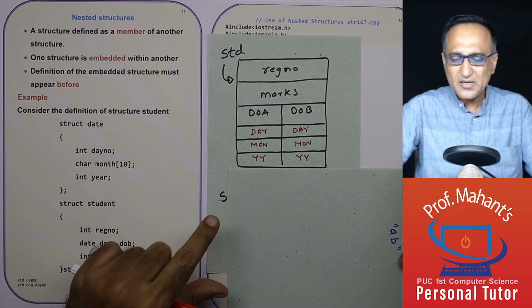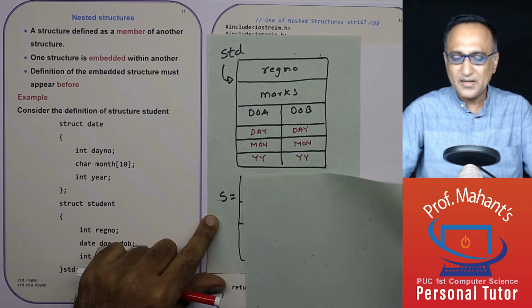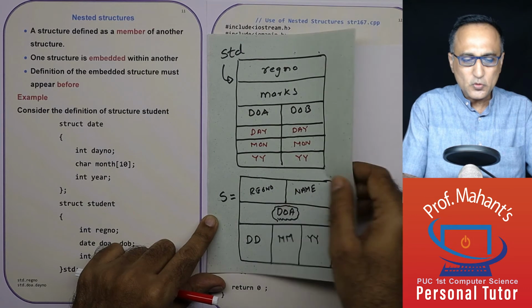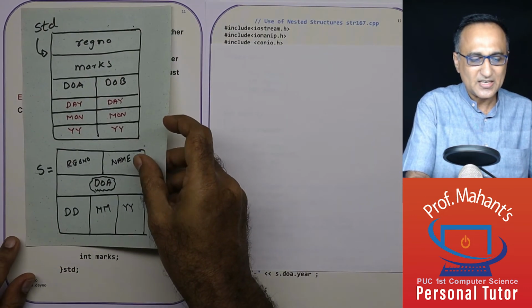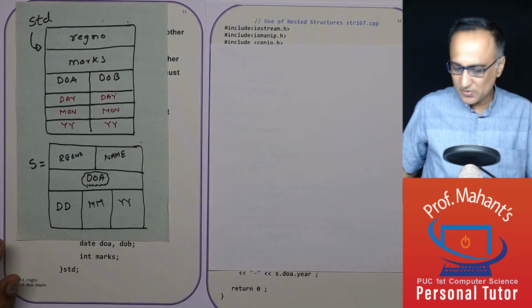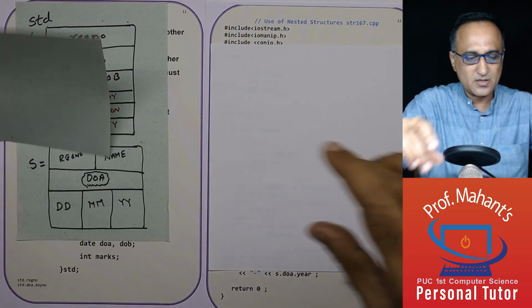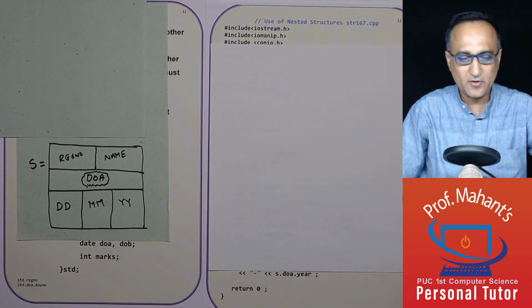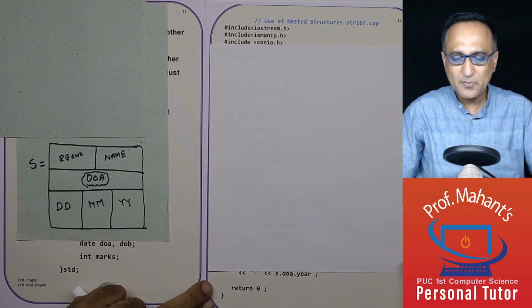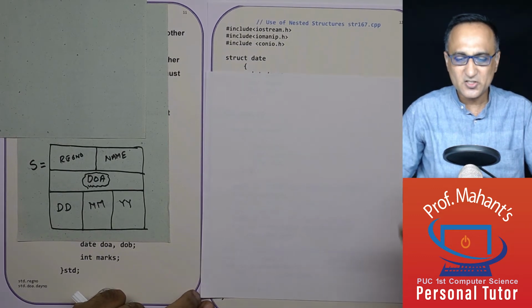Now it's really going to be easy once we take a look at a simple example. So let's keep this aside. You'll be needing this in a while. So I'll just cover the unnecessary stuff. What I'm going to do is show how you use a nested structure.